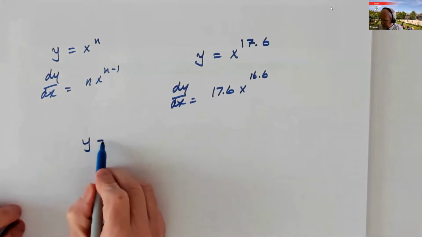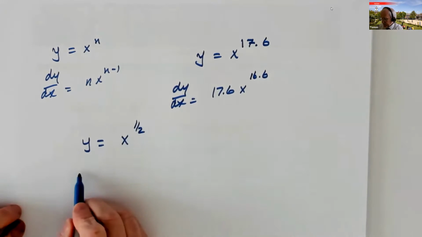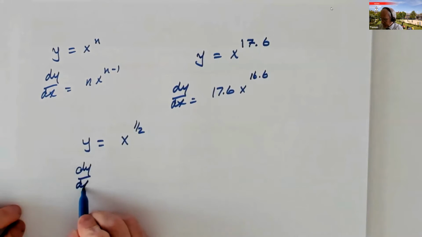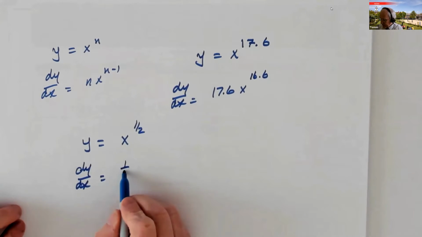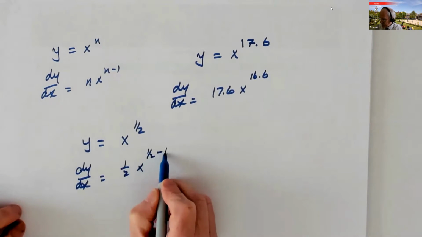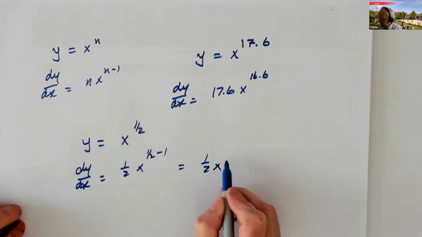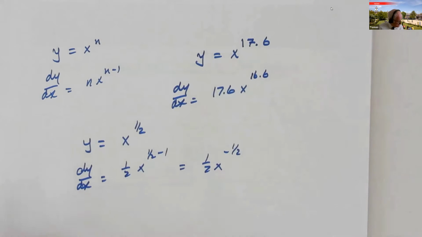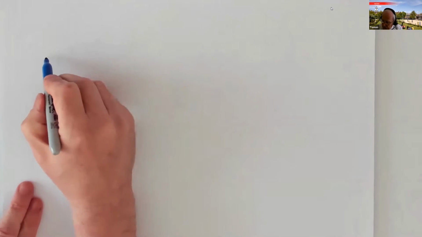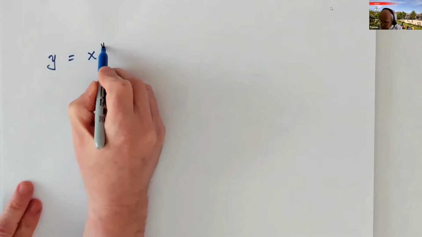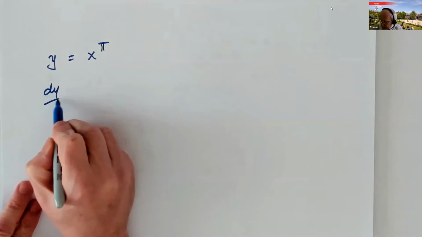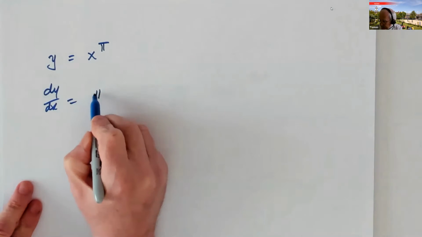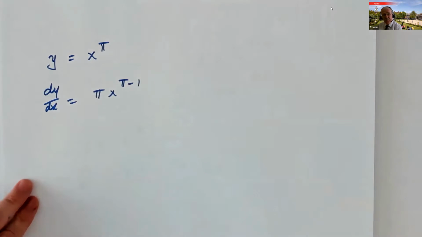Or if y is equal to x to the half, dy dx is, well, it's just a number. Half times x to the half minus 1, or a half times x to the minus a half. Or if y is equal to x to the pi, dy dx is pi times x to the pi minus 1.